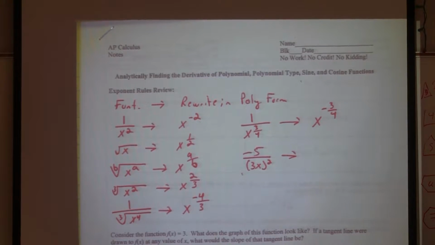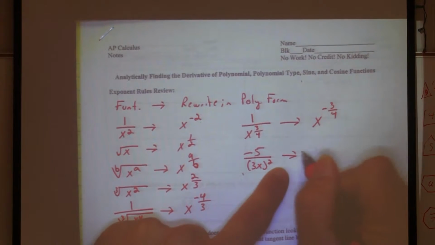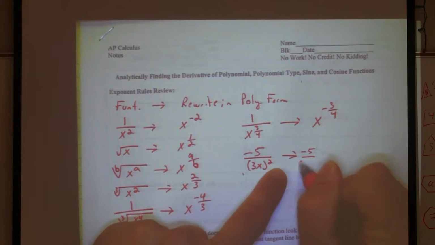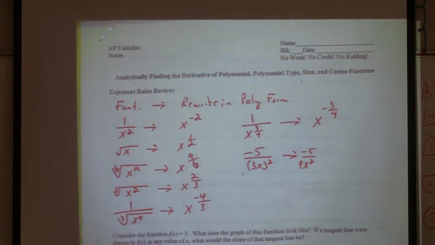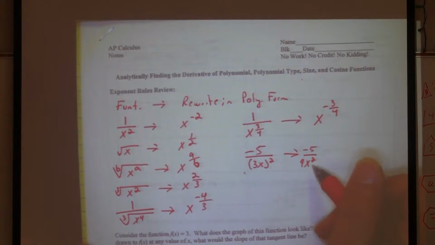Wait, what? What's 3x squared? So this is like negative 5 over 9x squared? Oh yeah. Okay. So then what should we do now? Negative 5. Do I move the 9 also or just the x squared? Just the x squared?